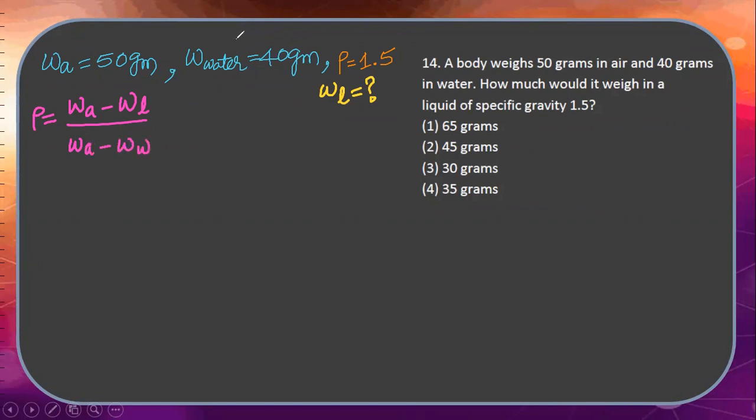They asked to calculate how much it weighs in a liquid, WL is to be calculated. Relative density is given as 1.5. Weight of the body in air is 50 grams, minus weight of the body in liquid, which is to be calculated, divided by weight of the body in air, 50, minus weight of the body in water, 40 grams.